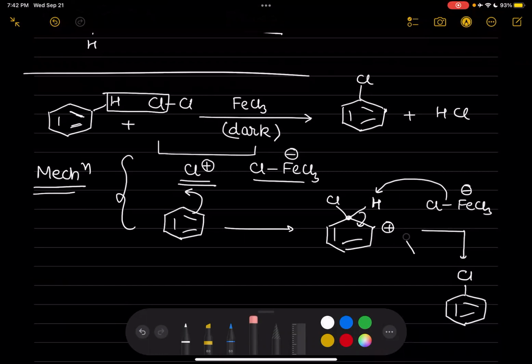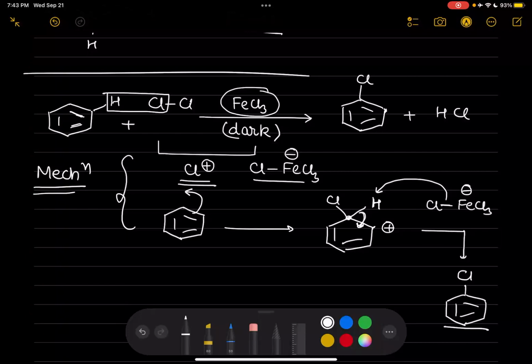And now what will happen? We need to get back the benzene ring. And how do we get the benzene back? The Cl minus, which was earlier taken away by the Lewis acid catalyst, will come again and break away the H plus, and the electron will get back into the benzene.